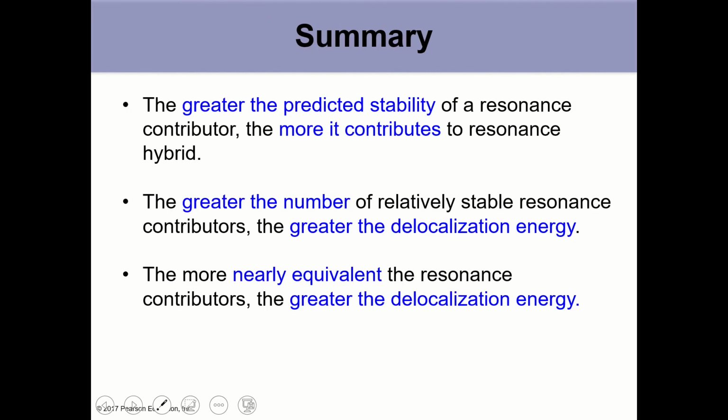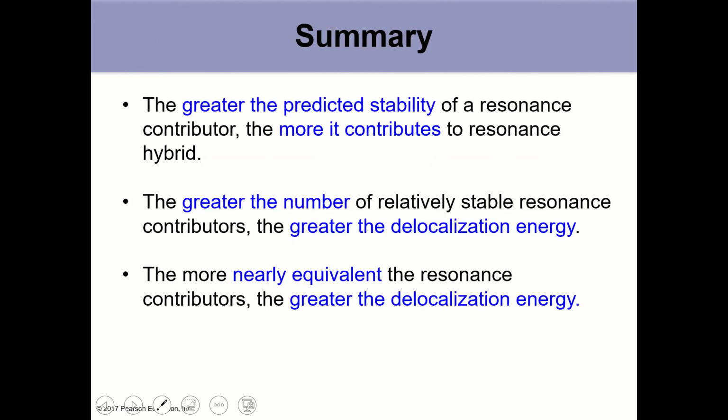So that's the final concept to review. Summary: the greater the predicted stability of a resonance contributor, the more it contributes to the hybrid. The greater the number of relatively stable resonance contributors, the greater the delocalization energy, and the more nearly equivalent the resonance contributors, the greater the delocalization energy.